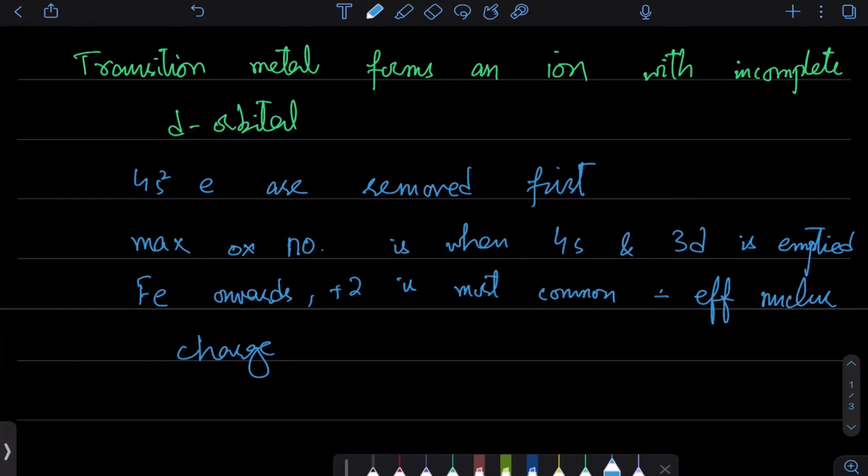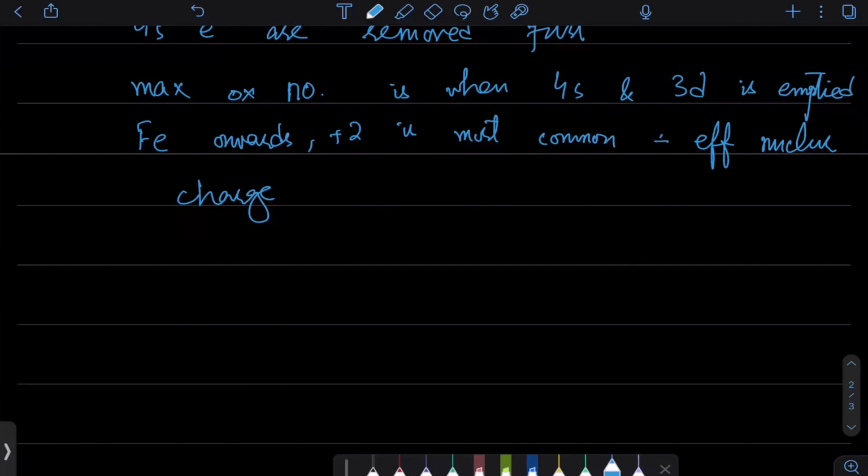And another important point to remember here is that just because they can afford to lose all electrons does not mean that they will always do so. They have to be joined with a really strong electronegative substance to make that. So chromium can make +6, but it doesn't happily make it everywhere. When it is bonded with something like oxygen or fluorine, that is when it does that.